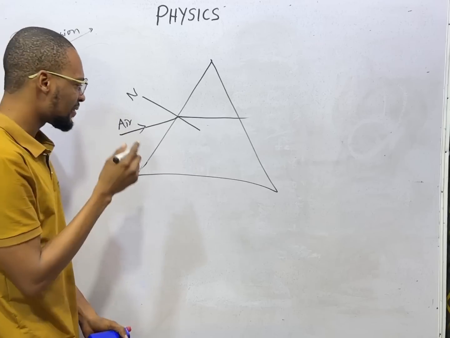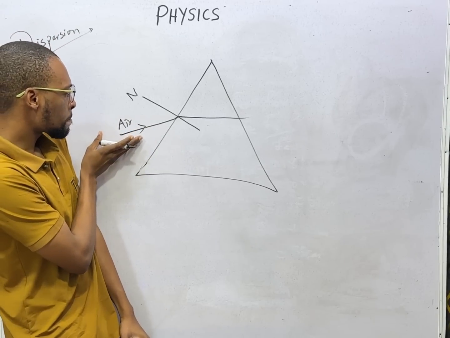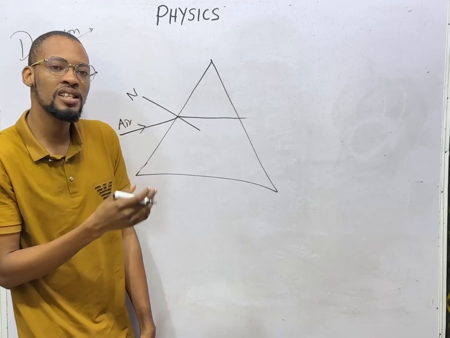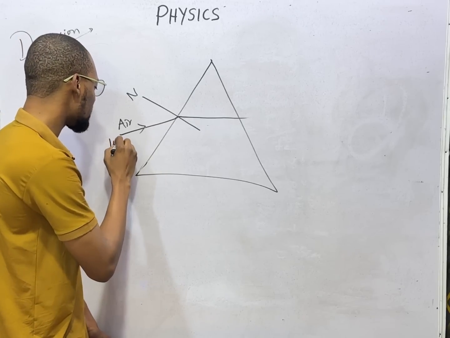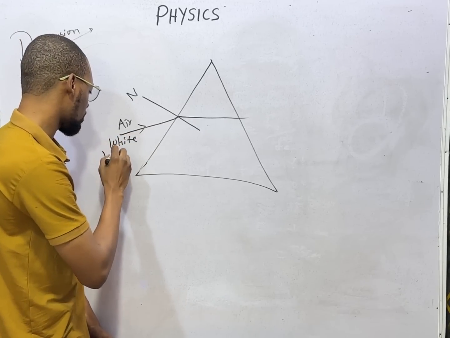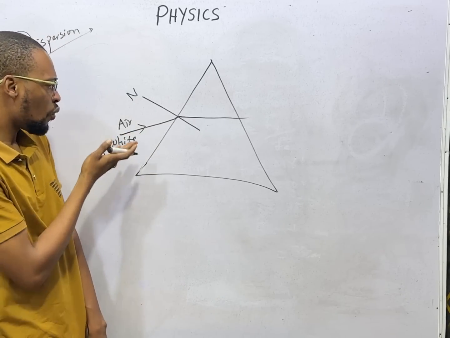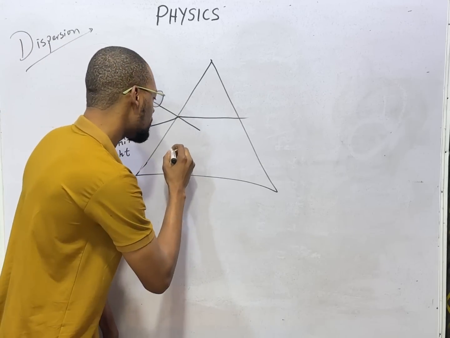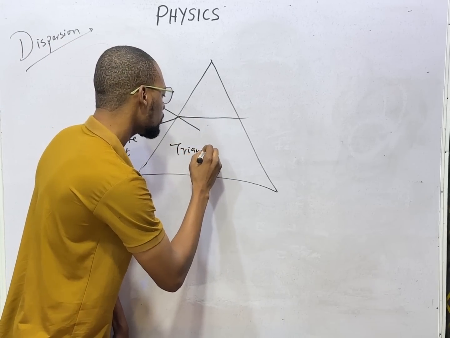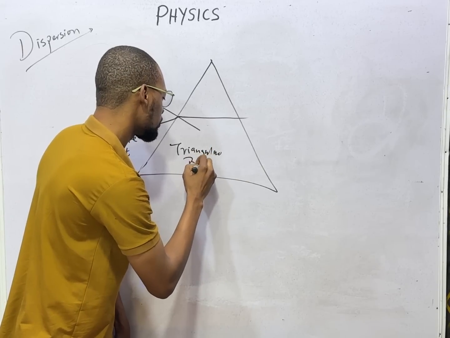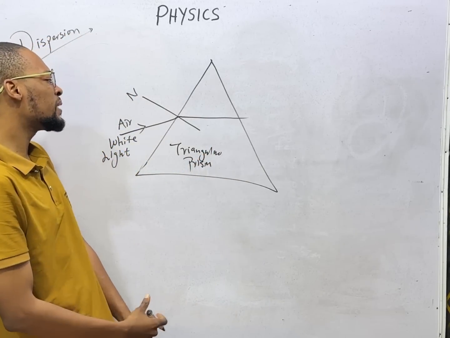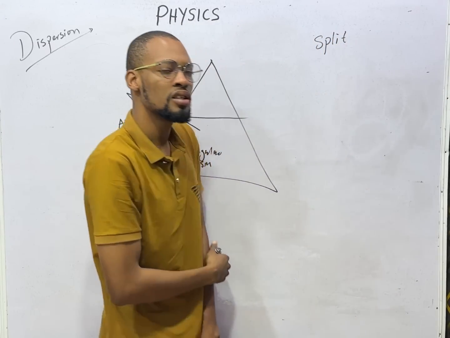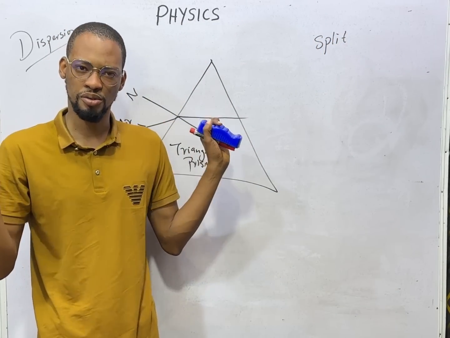Now, if this incident ray is white light, when white light is passed through a triangular prism, it will split into its component colors.